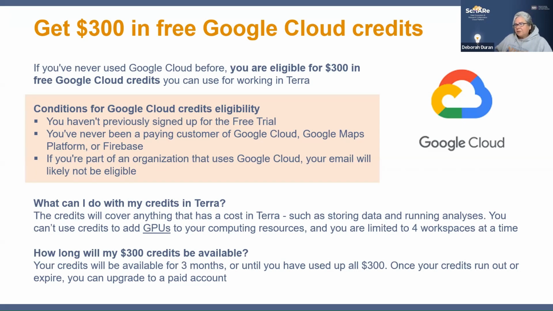Those credits you can use for data storage, for computation, etc. They didn't used to have a time limit on it, but now they have one of 3 months. So once you sign up, you want to go in and start playing with some of the data and do some analysis so that you can benefit from your credits.